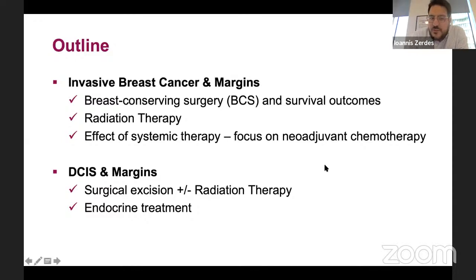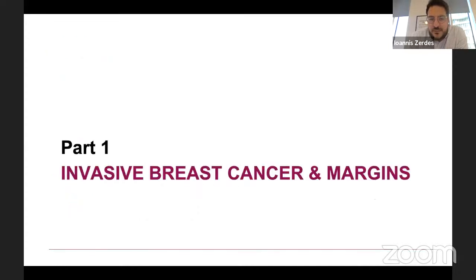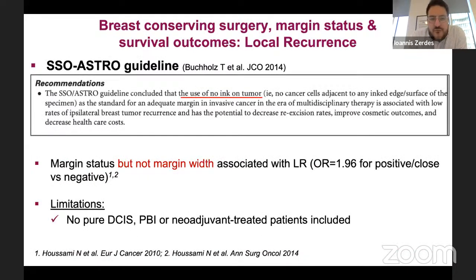And when it comes to DCIS, surgical excision plus or minus the role of radiation therapy and endocrine treatment.